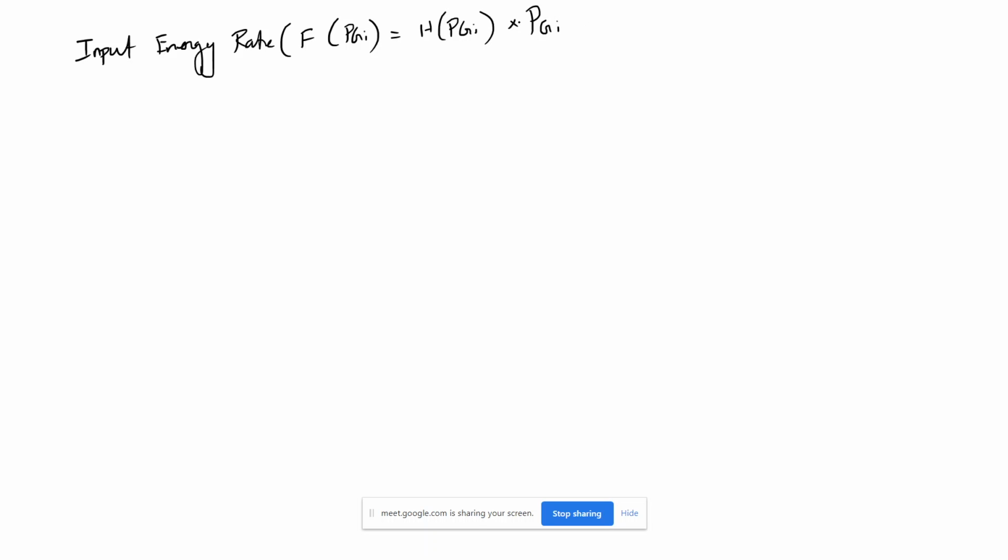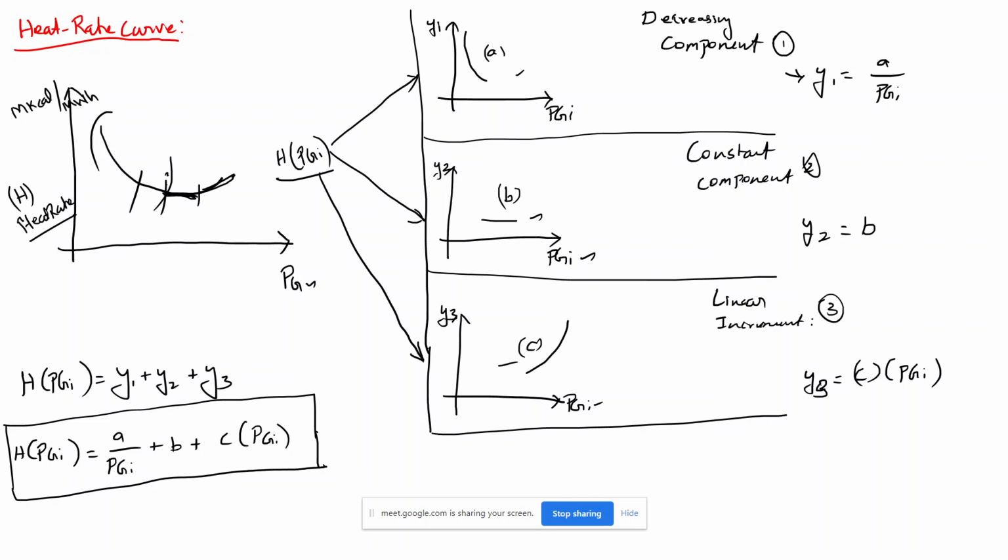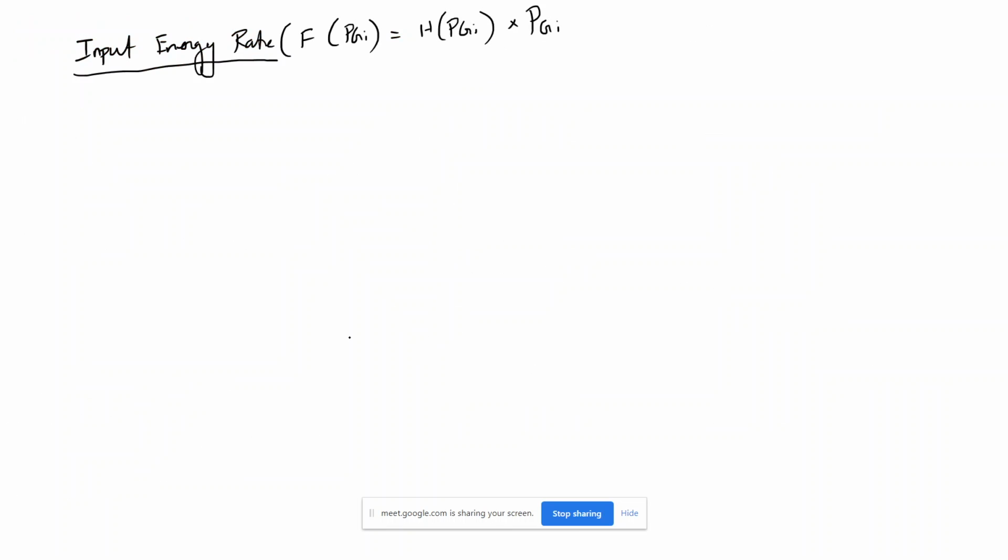If you multiply these two, I will get the input energy rate. Previously I got the heat rate curve. From this heat rate curve, if you multiply by the energy generated, I will get the input energy rate.